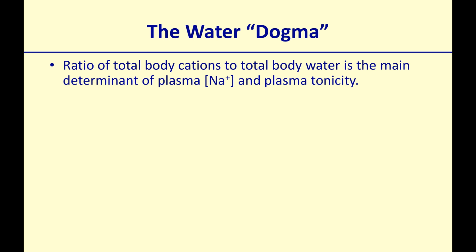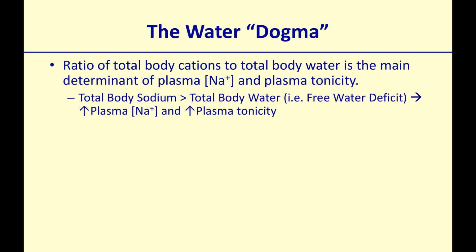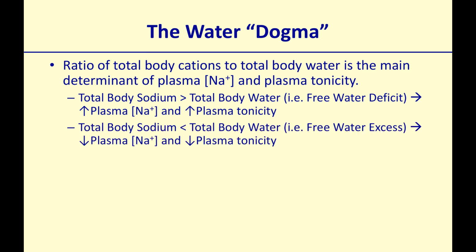Again, we are going to disregard potassium for practical purposes, and we'll say that when total body sodium is greater than total body water, that means there is a free water deficit, and that will cause an increase in plasma sodium concentration and an increase in plasma tonicity. But when the total body sodium is less than the total body water, then there is a free water excess, and that will create a decrease in plasma sodium concentration and a decrease in plasma tonicity.